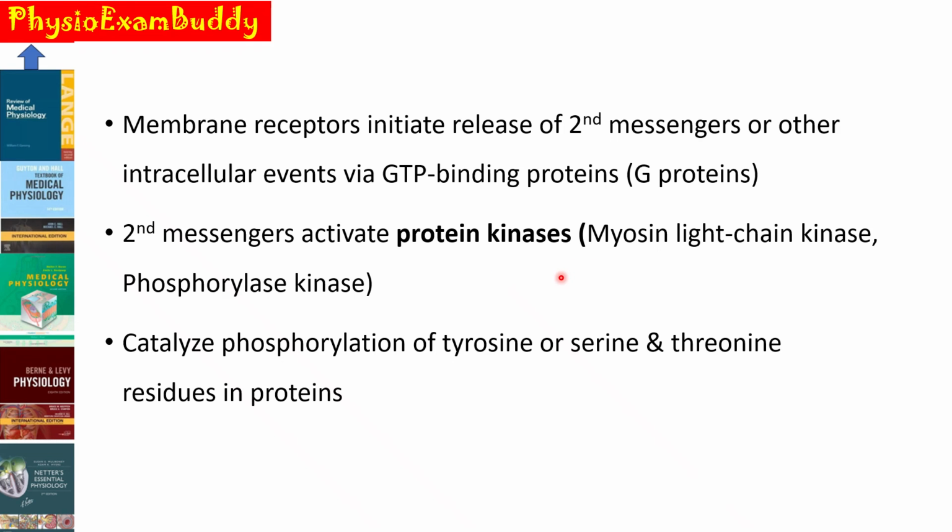Examples of these protein kinases in our body include myosin light chain kinase, which is present in the muscle, as well as phosphorylase kinase. These catalyze the phosphorylation of either tyrosine or serine as well as threonine residues in the proteins.